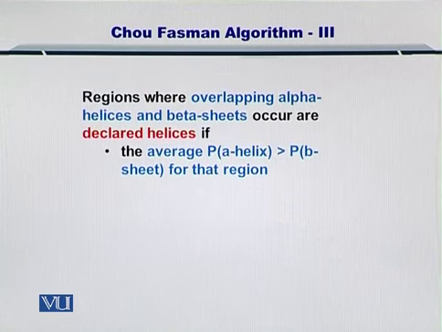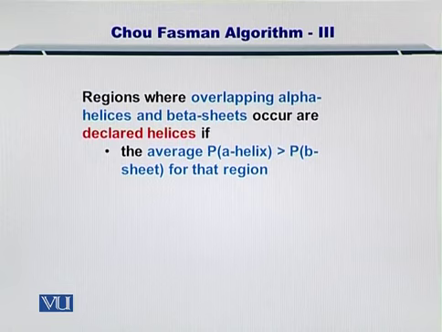But there can be a case where this condition is not true. So the second condition needs to be evaluated again. So regions where you have overlapping alpha helices and beta sheets, for those regions you need to compare their overall propensities.